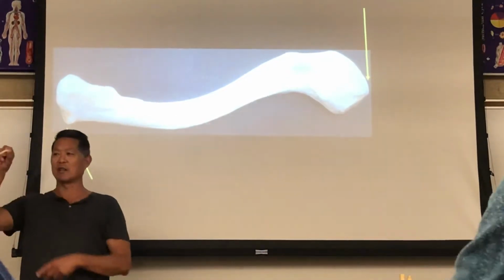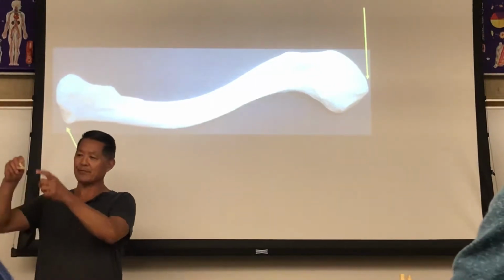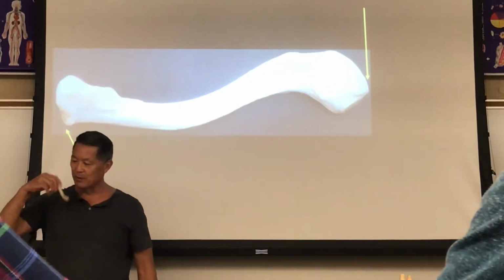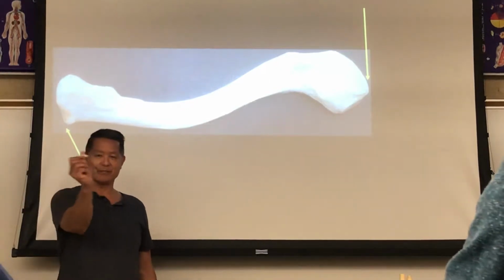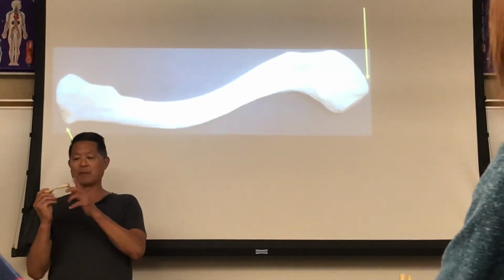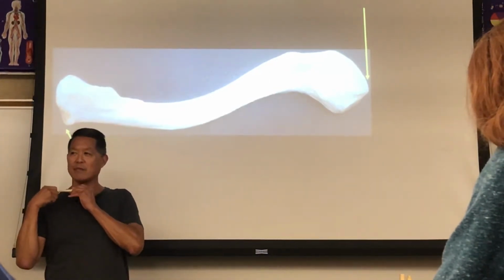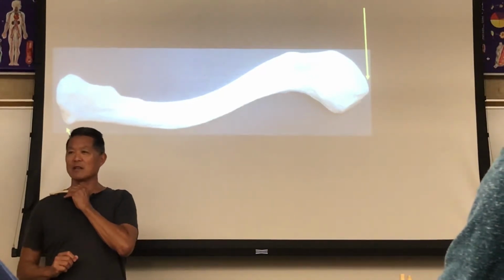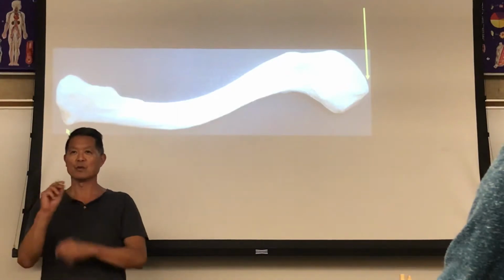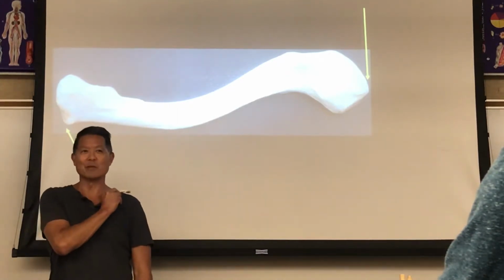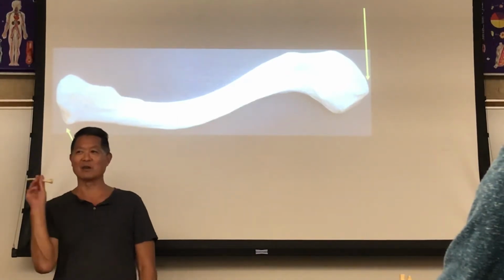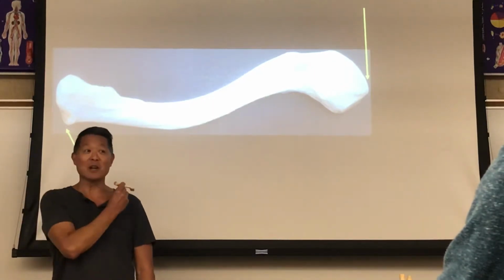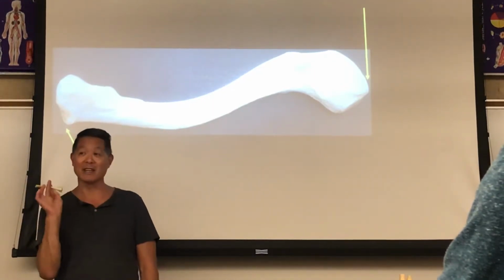The sternal end is thick, and the acromial end is flat, like a spoon. I can put the thick one medial and the flat one lateral, and watch me: medial is still medial, lateral is still lateral, and I can't tell whether it's right or left because it's all in the same plane.